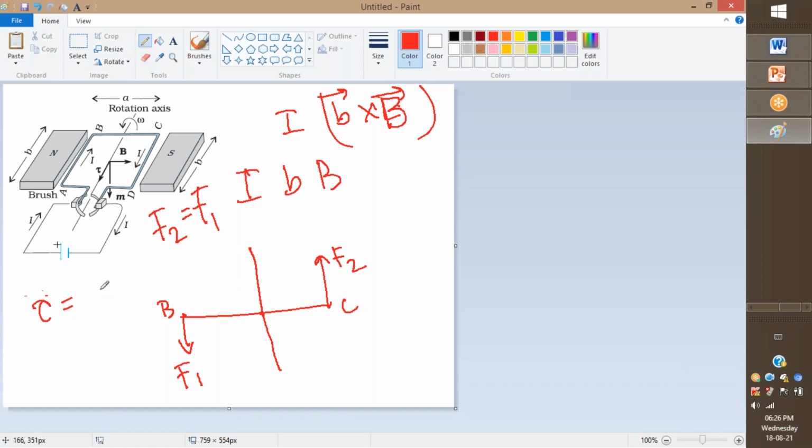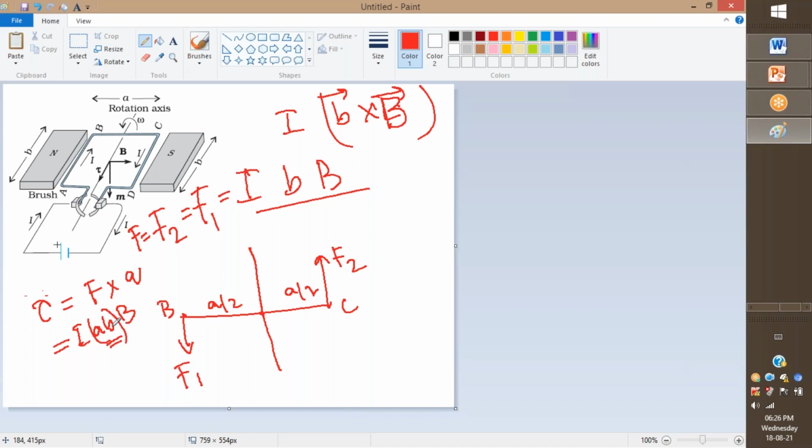Generally, torque is written as tau. In terms of scalar, you can get the torque by multiplying one of the forces, since they have the same magnitude, by the perpendicular distance between the lines of action of the forces. In this case, this is a by 2, this is a by 2, the whole will be a.